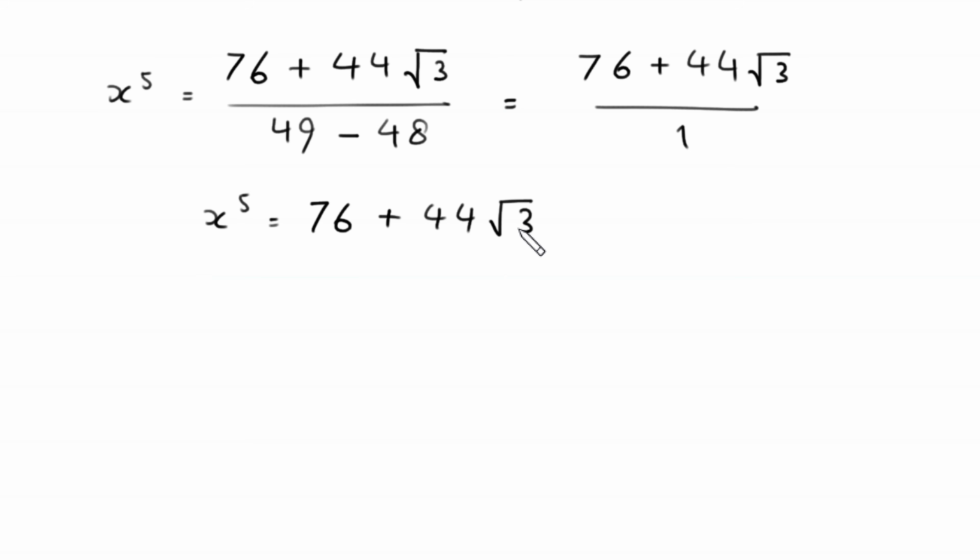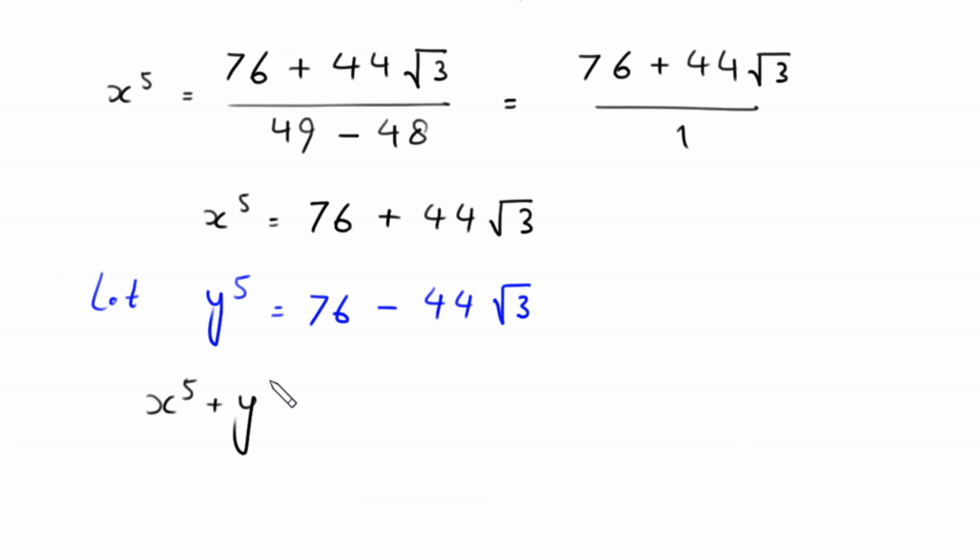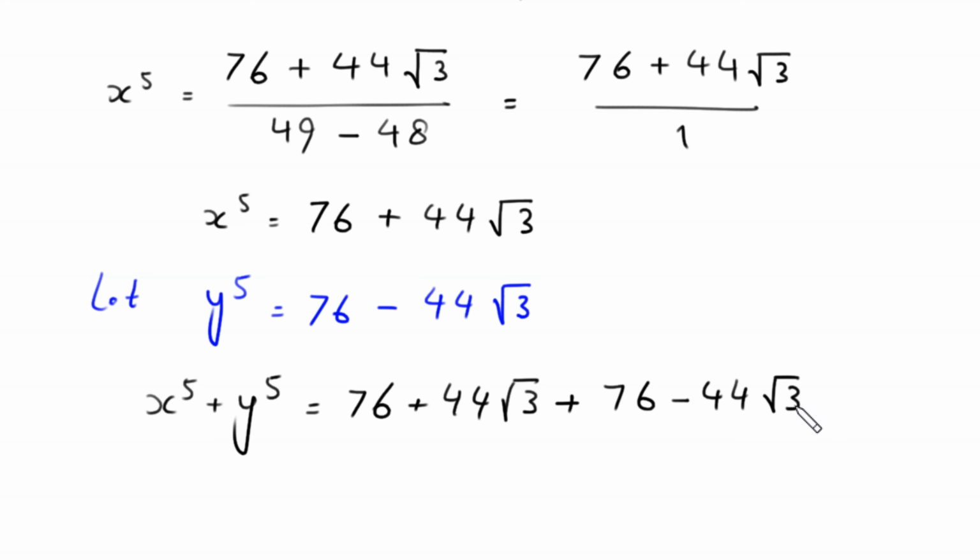Now we suppose that y to the power 5 is equal to 76 minus 44 times root 3, and we add these two equations. This will become x to the power 5 plus y to the power 5 is equal to 76 plus 44 times root 3 plus 76 minus 44 times root 3.